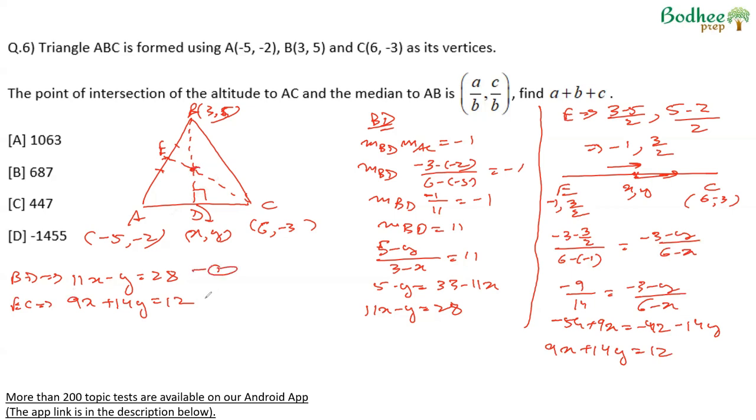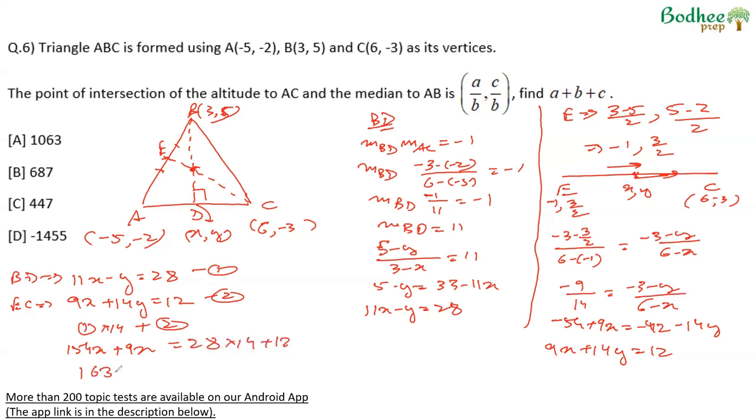Suppose this is equation 1 and this is equation 2. What I am doing is eliminating one of the variables, so we multiply equation 1 by 14 and add it to equation 2. 14 into 11 is 154, plus 9, and minus 14y plus 14y is 0. On the other side, 28 into 14 plus 12.